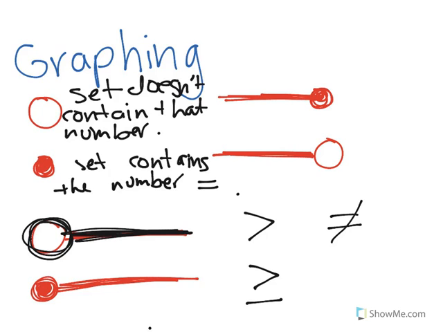Now same thing with this one, just it's less than or equal, and this is less than. We will see some examples in a little while. I would like to highlight the fact that an empty circle means that it is not equal to.